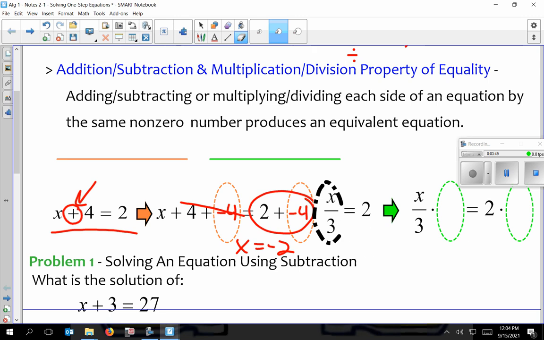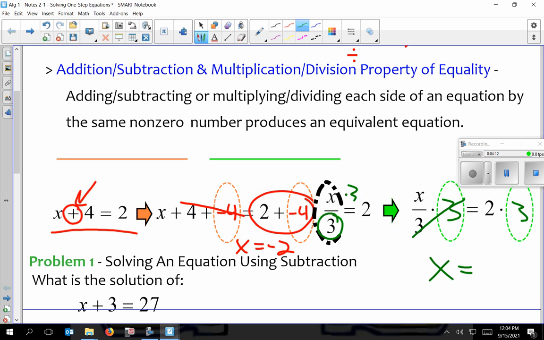Sorry about that. Okay. So over here, I'm going to do it to that side, and I have to do it to the other side. Identifying the denominator becomes how to undo the division: multiply by the denominator. This is just going to go away. I'm left with x. And then over here, since I've changed this to multiplication, 2 times 3 gives me 6.